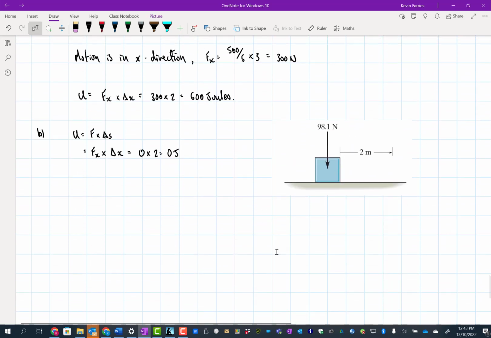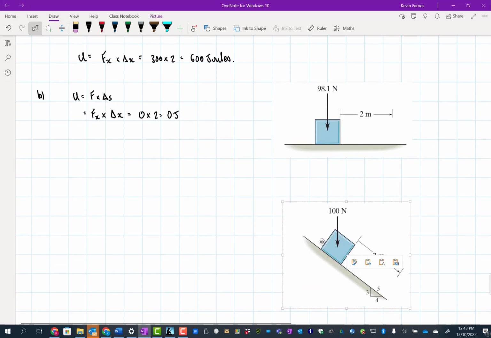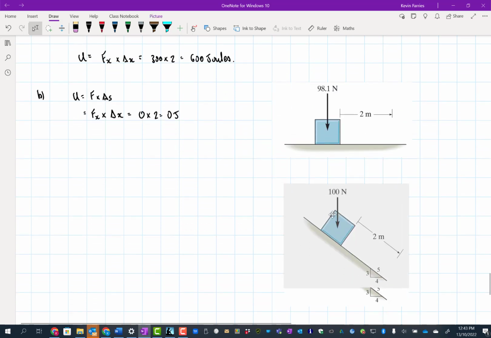This is one where you could probably sensibly do it either way. So we're saying there's 2 ways to think about this. Either you think about the component of the force in the direction of the displacement, or you think about the component of displacement in the direction of the force. So let's do the first way first.